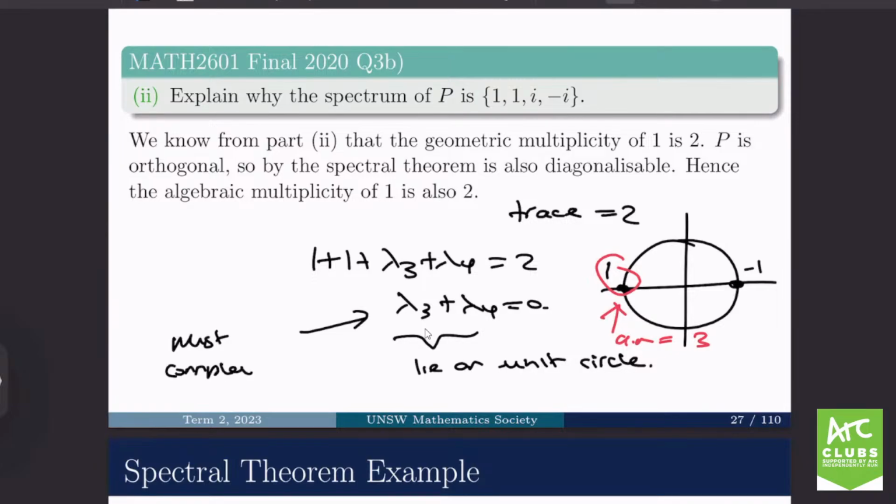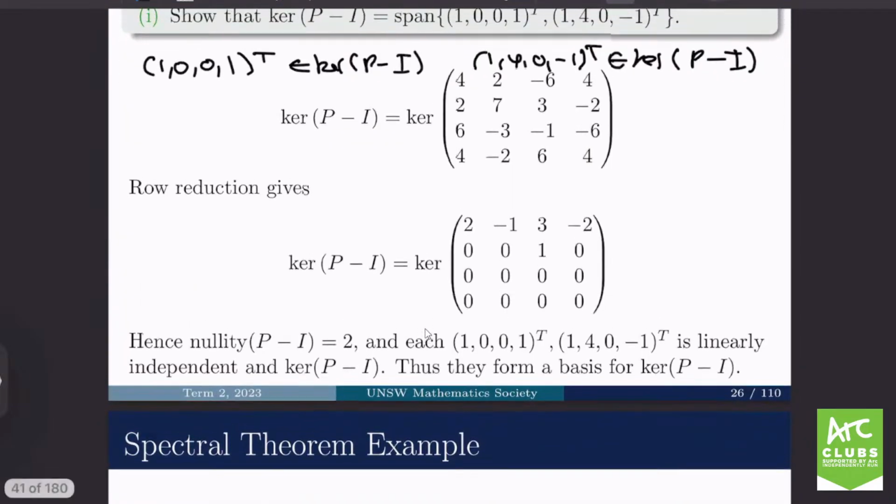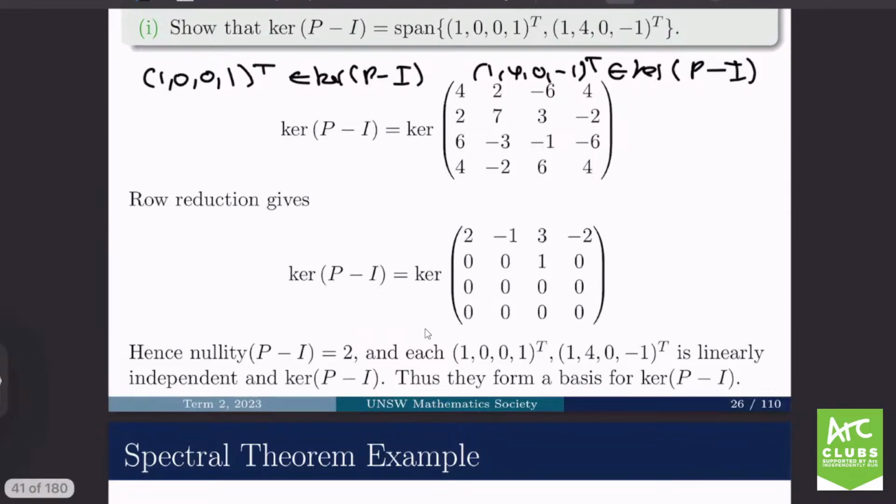The reason is that our characteristic polynomial is a real polynomial, which means it has real coefficients, which means that if it had complex roots, they must come in conjugate pairs.